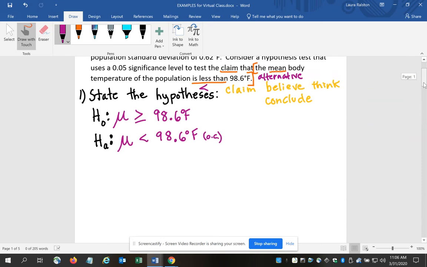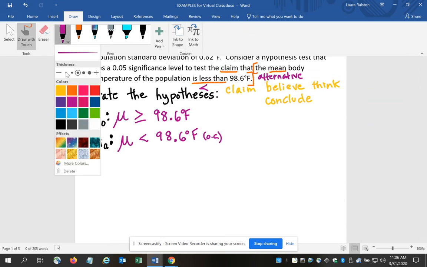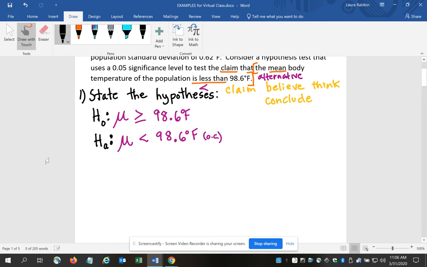The second step in the process is to identify the players. So step 2 is to identify all of the pieces of information that you need. Again, I use the phrase identify the players.